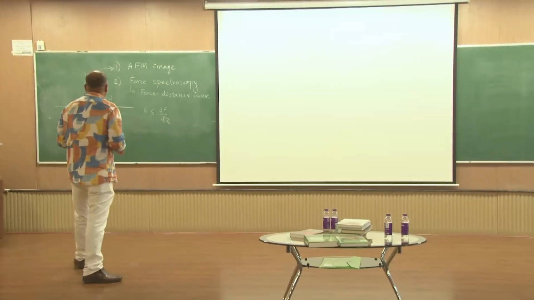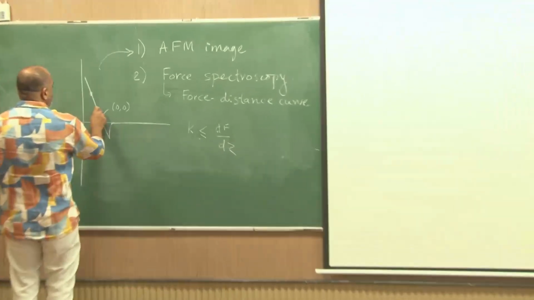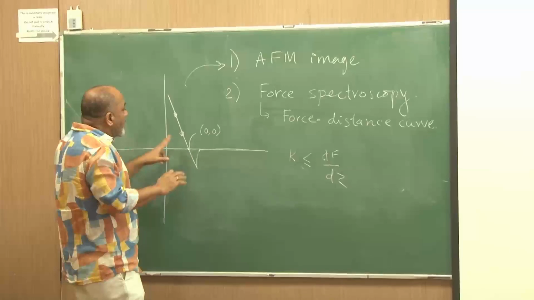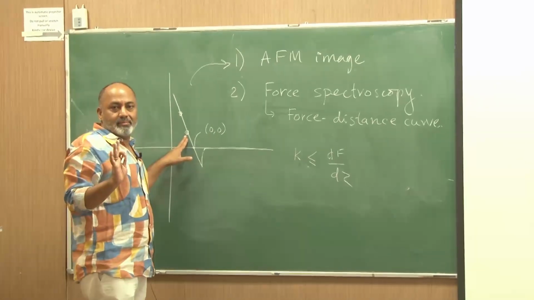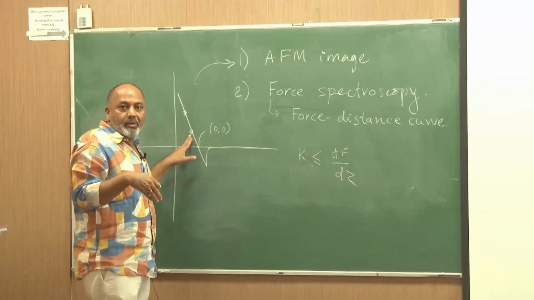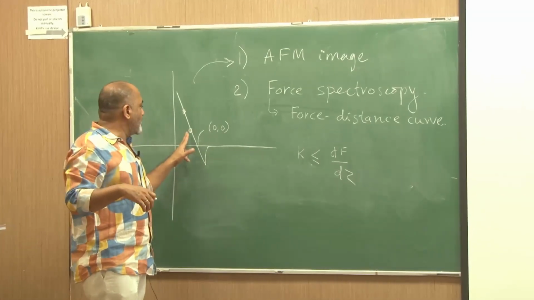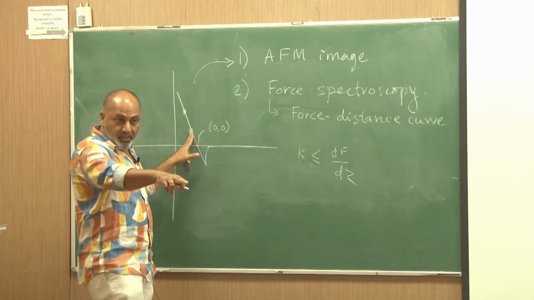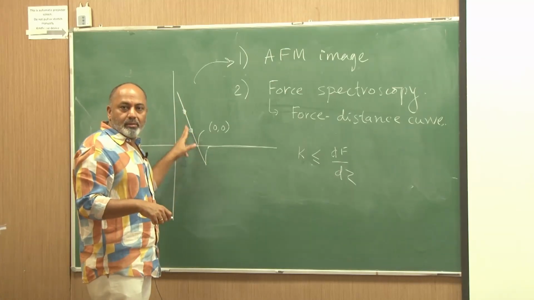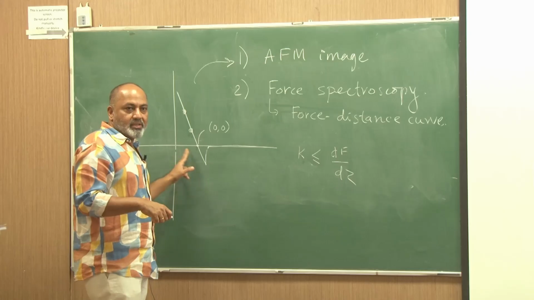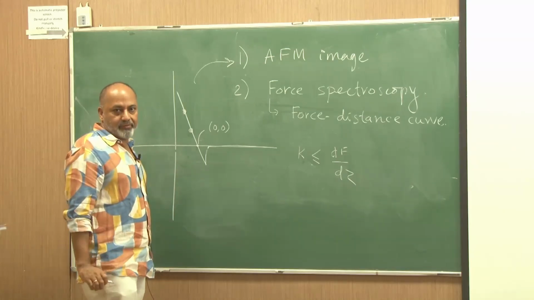Along this curve, you sit either here or here, and throughout the image I don't move from there, which is not possible without a feedback loop, because the topography is going to change things. If you are sitting low on the glass versus sitting on a book, the load is going to be different, because the cantilever is pushed back by a different amount.